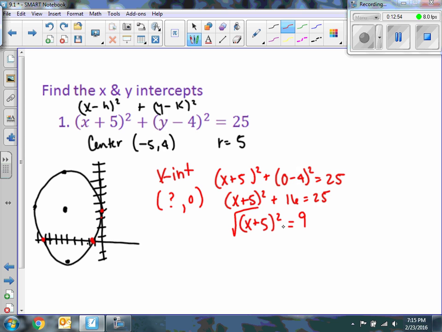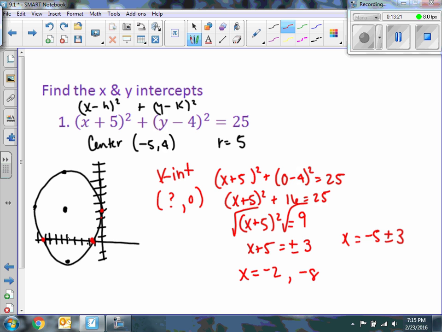Square root. I'm left with x plus 5 equals plus or minus 3. That's important there. You have to have your plus or minus. So I finish with x equaling -5 plus or minus 3. Well, that's going to give me 2 solutions. -5 plus 3 is -2, and -5 minus 3 is -8.